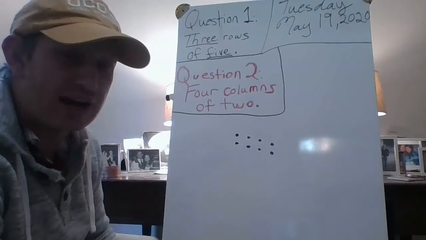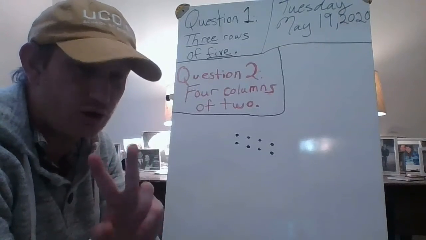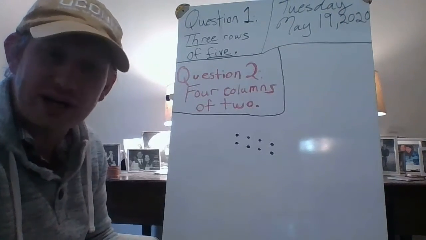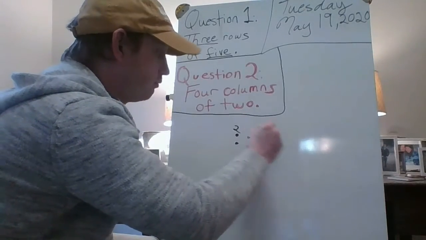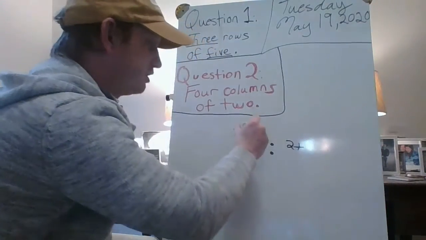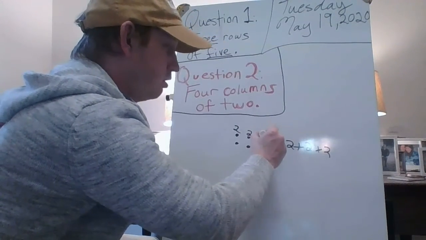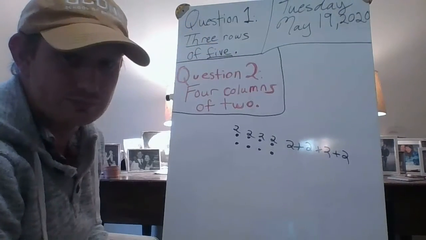So now that we have an array, we're going to come up with our two different equations that are going to have the same answer. So first we'll go by columns. 2 plus 2 plus 2 plus 2.